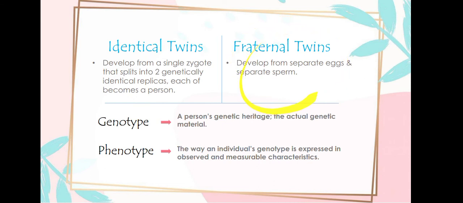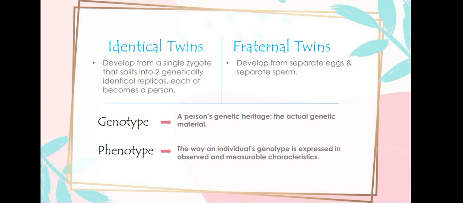Fraternal twins means they're born together but they look different. Identical, the gender is the same, the looks are the same. Fraternal can have different gender, and the looks are also different. So what makes these things happen?